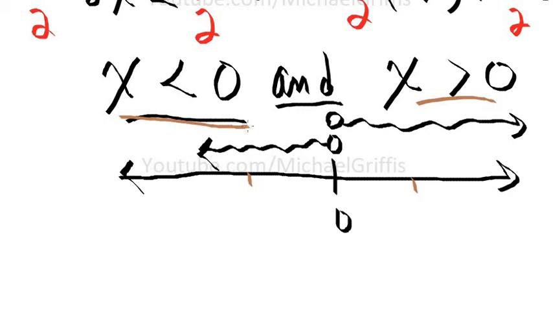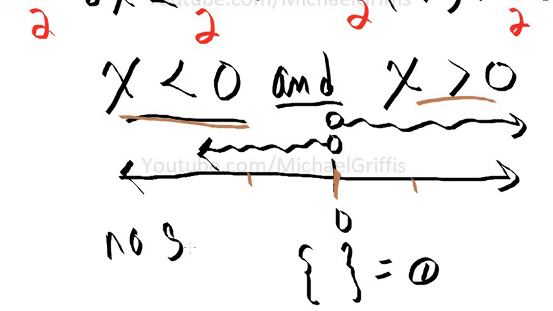And of course we can't pick 0 because it's neither one of them. So guess what? The set is empty. No solution. You could say the empty set or no solution.